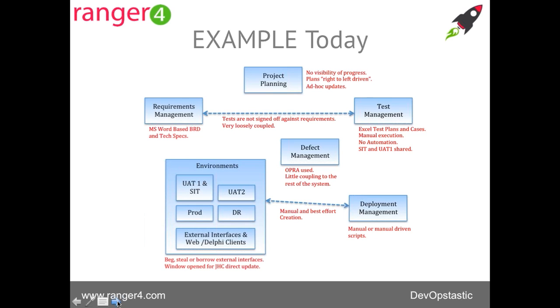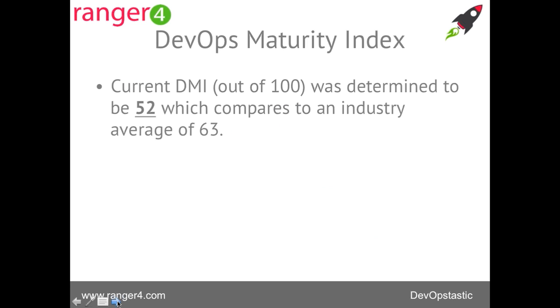It's very, very loose, the way that it was coupled. It's very difficult to monitor progress of any project. The requirements management, I mentioned this earlier, all MS Word based. The defect management was not really connected to the test management or the requirements management, so there's a lot of disconnect there. And again, there's this issue around scripts, around deployment.